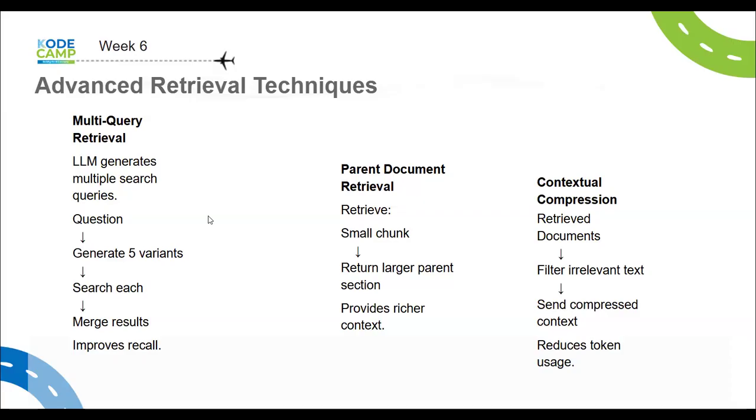So what this does is it broadens the footprint of the search. It broadens the semantic space, right? So that you search each and then you merge the results. So that improves the recall. And this is a very good strategy that you would use in an enterprise RAG, for example, to make sure that maybe a user's query, if it is too narrow, does not miss some key information. Then we have the parent document retrieval.